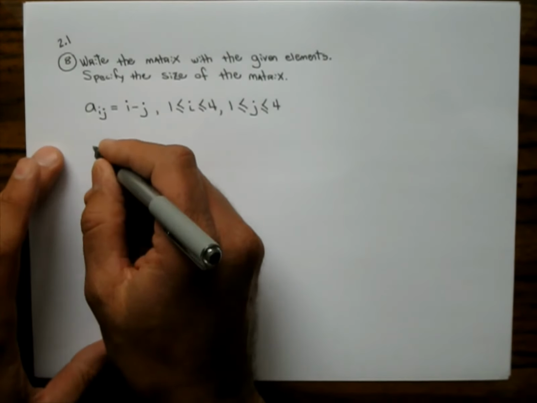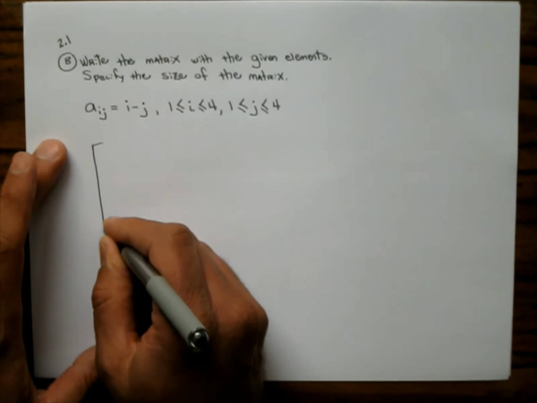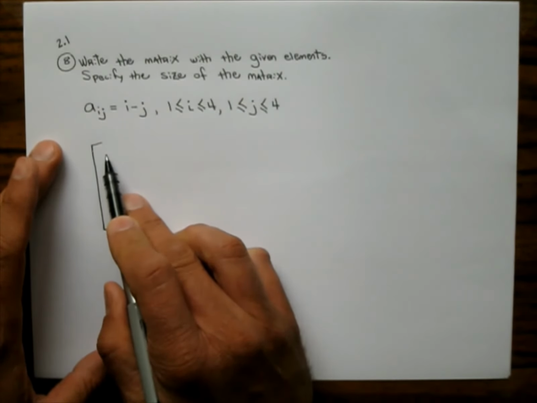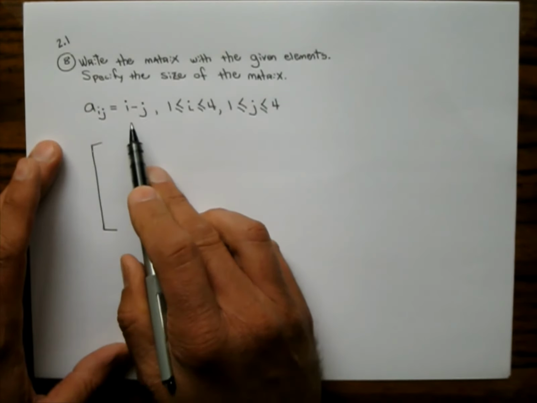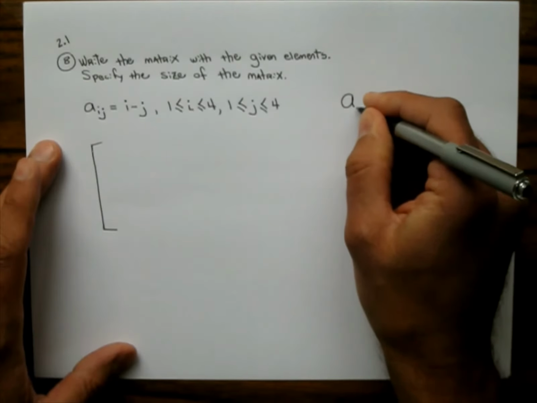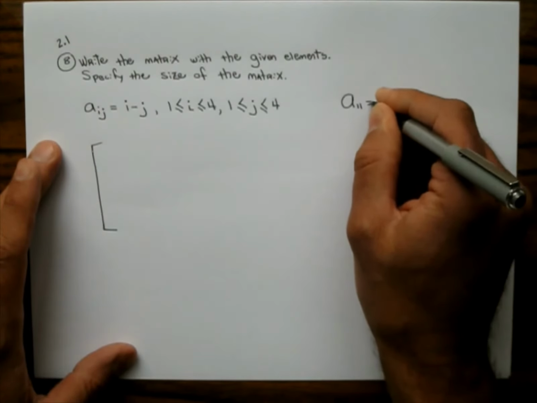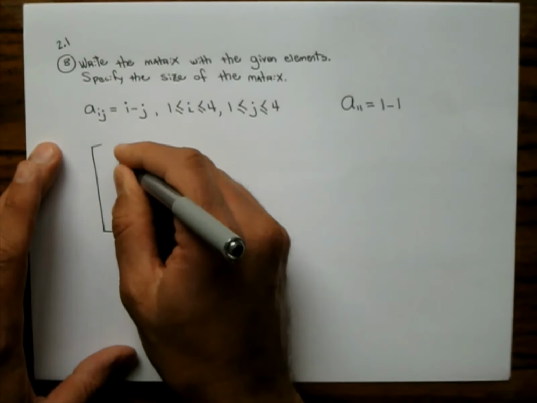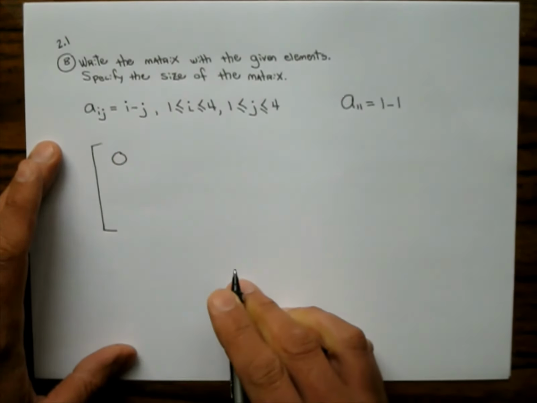So maybe you already know what kind of matrix you're going to have in terms of the size, but you can start off by A11 is 1 minus 1, which is 0.